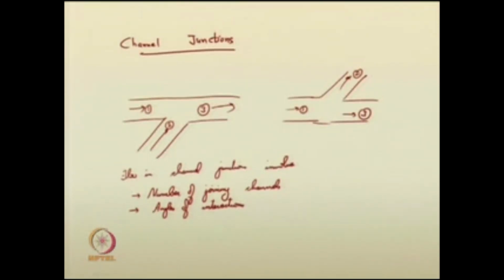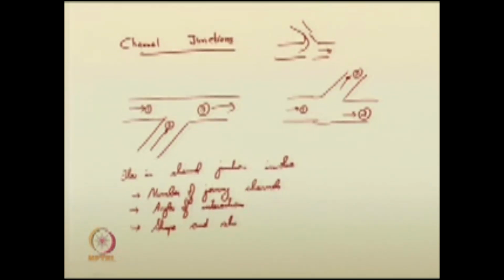You may see that in some channels, the flow may come like this and may go like this also in some portions. Some quantity may go like this, some of the quantity may go like that. It can happen in nature. So, the various angles of interaction also play a significant role.